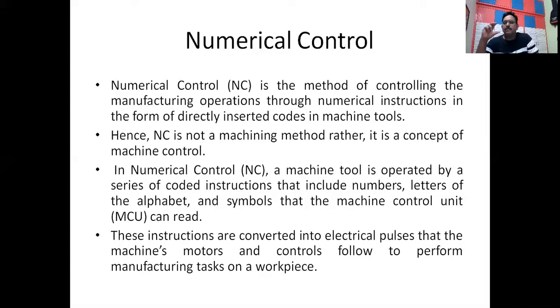So when we have a workpiece, we give instructions in the form of letters and symbols, these are converted into electrical pulses, and these pulses are carried to the machine with the help of motors or controls, and the manufacturing tasks on the workpiece are performed.